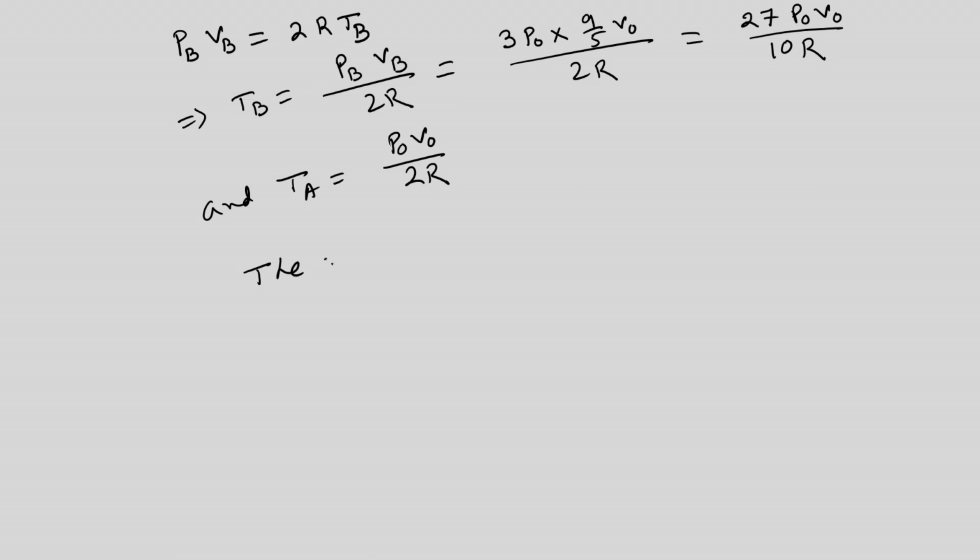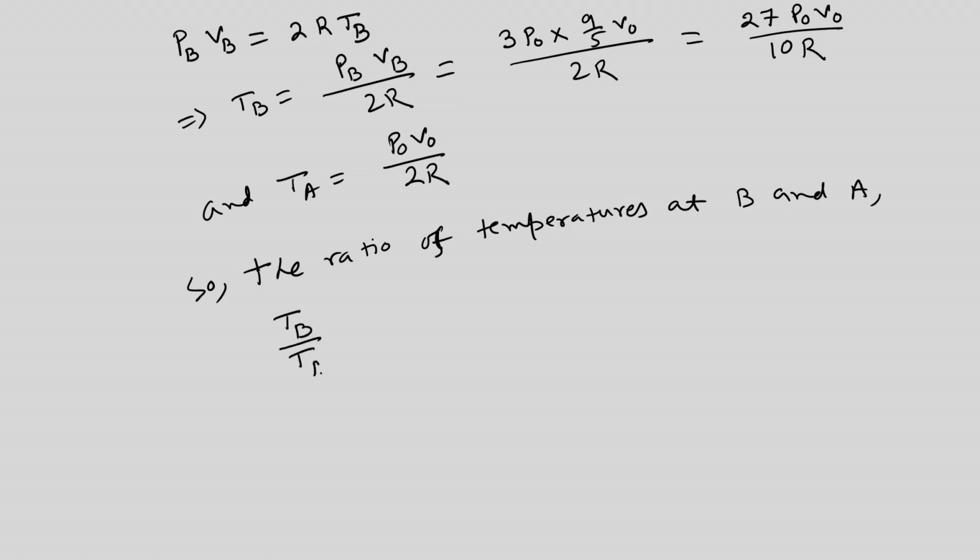So, the ratio of temperatures at B and A, TB by TA, gives us 27 by 10 times 2, so it gives 27 by 5.